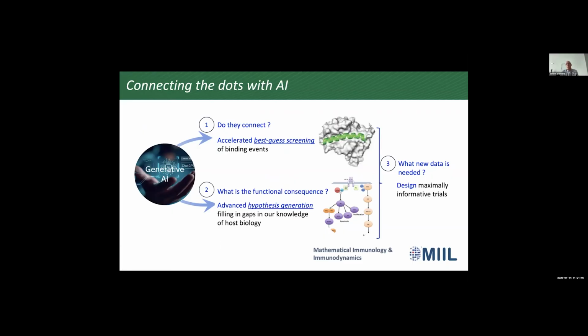We have been using different types of AI to answer the question, well, do certain proteins in our biology and proteins that are brought into play by a virus or a bacteria, do they actually connect? Can they connect biochemically?